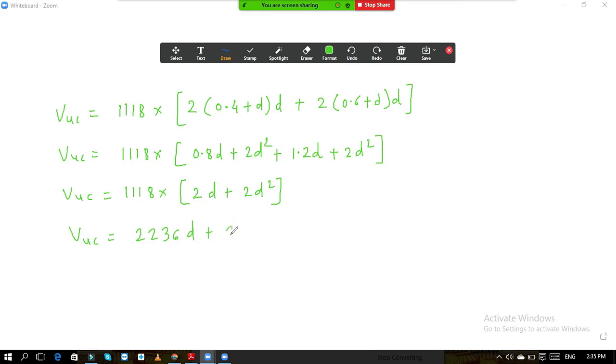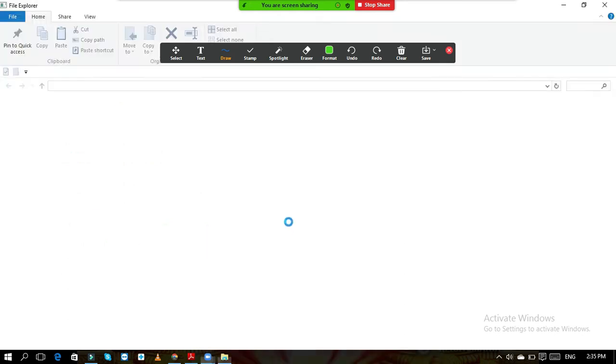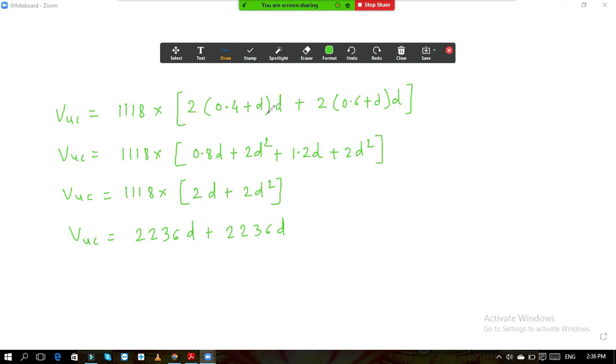So it is again 236 D square. D into D, it is D square. 236 D square. This is your equation number 2. Okay. Same mistake we have done in equation number 1 also. So that we are getting the values in 10 raised to 3, 10 raised to 9. So just scratch that. We will write once again the equation number 1 also.